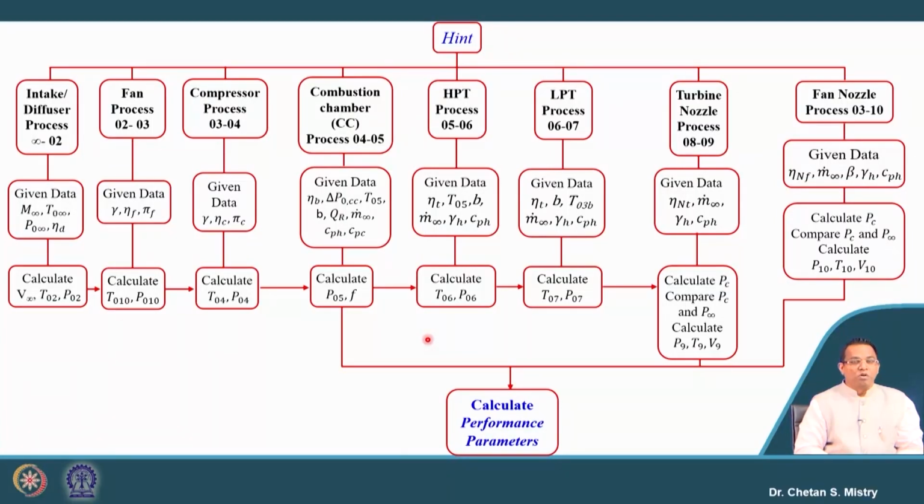So, I am sure you now understand the configuration we are discussing, where my fan is rotated by the LP turbine and all my compressor stages are rotated by the HP turbine. And specifically, in order to understand the effect of air bleeding, we have taken this as a special numerical. So, here we are stopping.